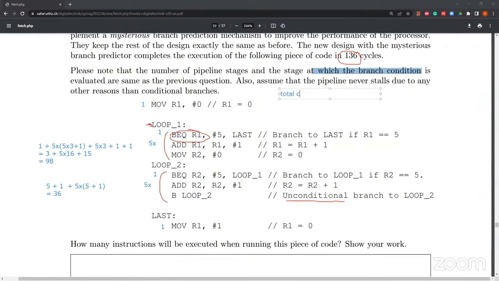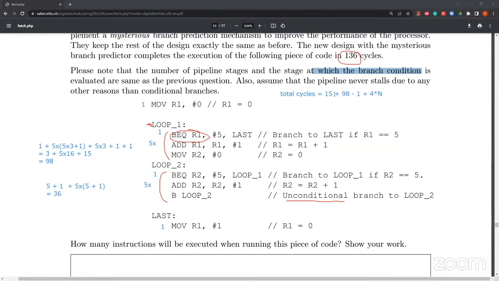So the total cycles for this processor will be equal to 15 plus 98 minus 1, plus we know that every branch misprediction will result in 4 bubbles. Then we do 4 multiplied by n, where n is the number of mispredictions.